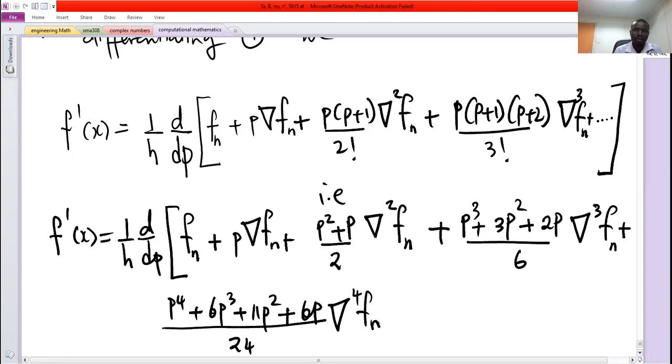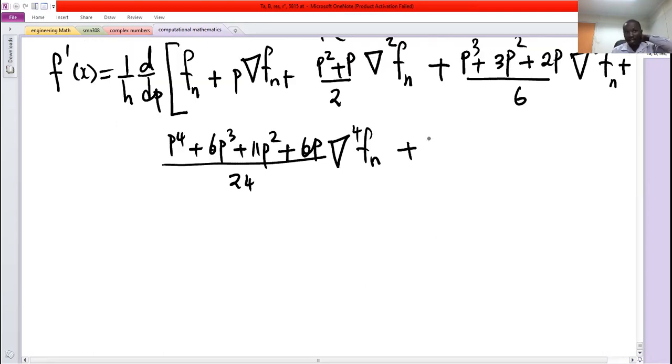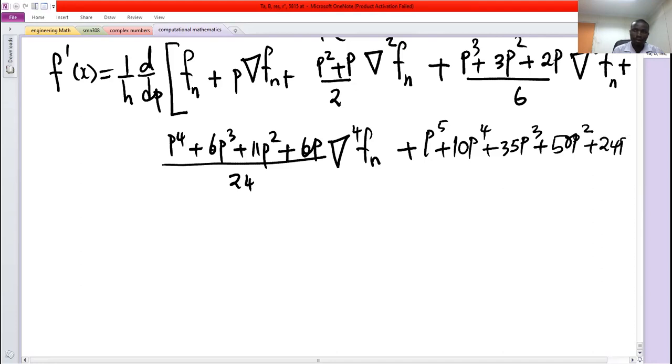fourth backward fn. And if you write the next term with the fifth backward difference, opening it, you'll get p power 5 plus 10 p power 4 plus 35 p power 3 plus 50 p squared plus 24p divided by 120. Then you multiply by fifth backward of fn.